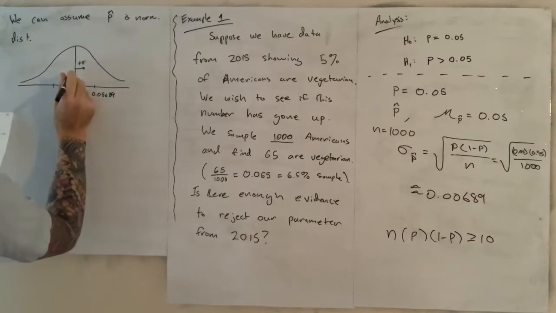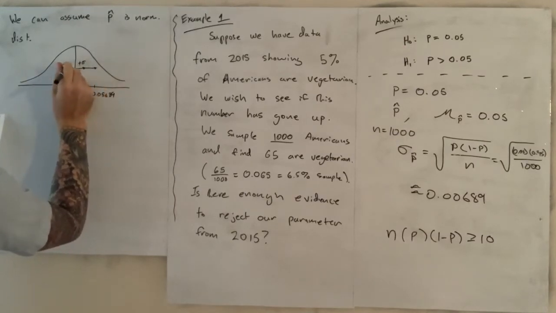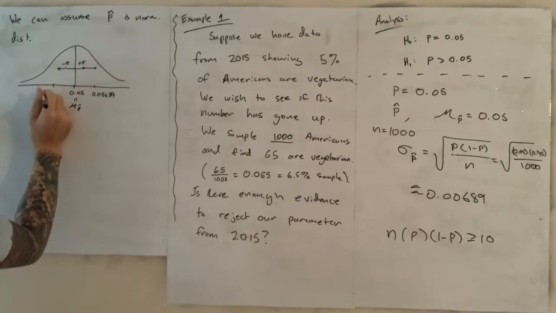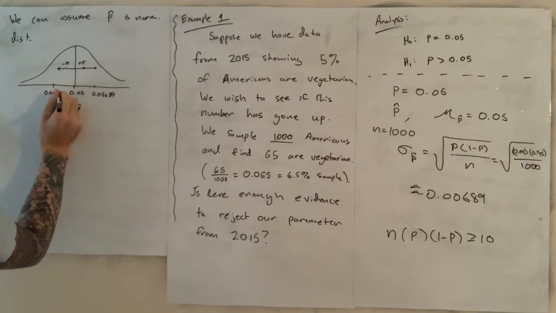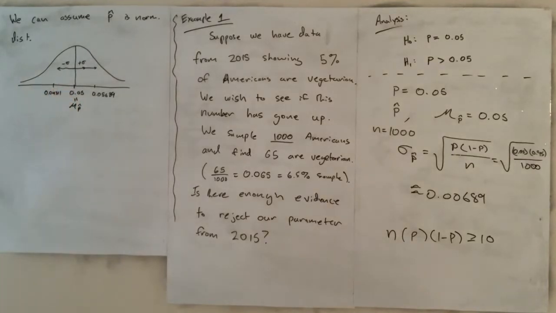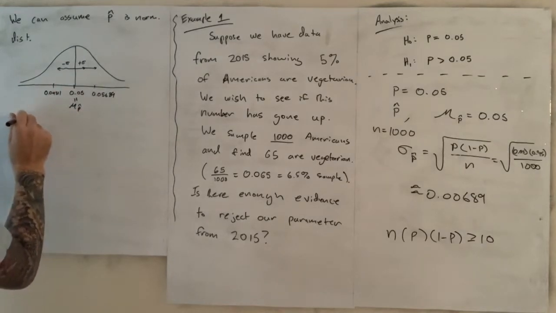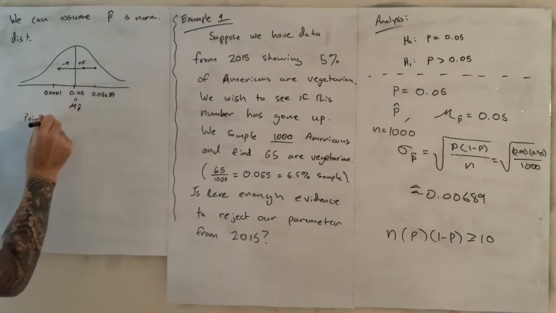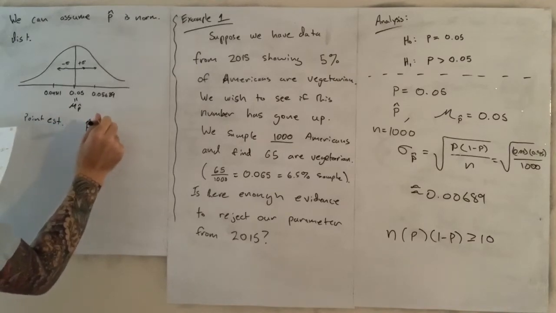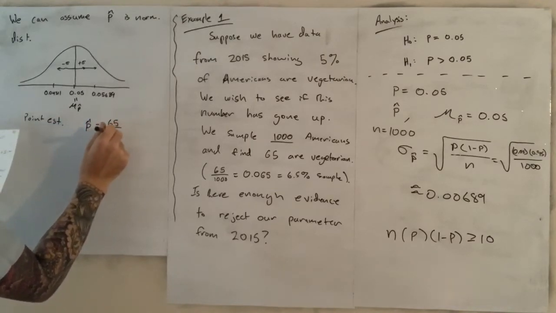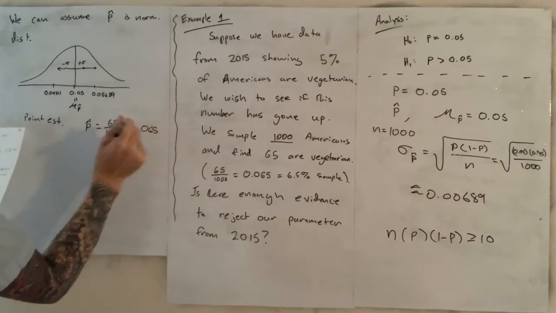And if you go back a standard deviation, so minus that, you're going to get 0.04311. So this is kind of a model for this. Okay, and then our point estimate is going to be that p hat is 65 over 1,000, which is 0.065.